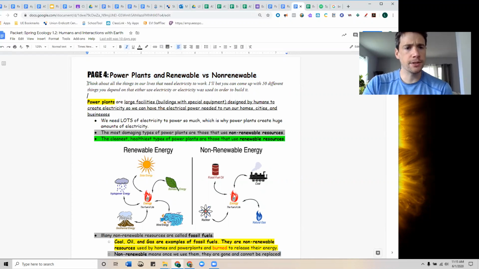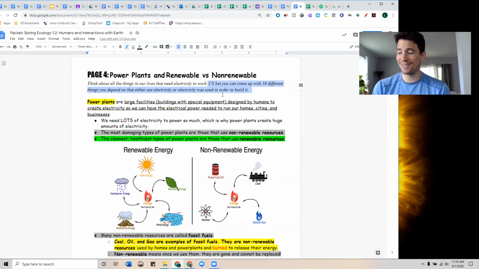So I start by asking you to think about all the things in our lives that need electricity to work. I bet you can come up with 50 different things that you depend on that either use electricity or electricity was used in order to build. So basically everything. Even the table that this computer is sitting on right now was made in some sort of factory, and that needed electricity in order to work.